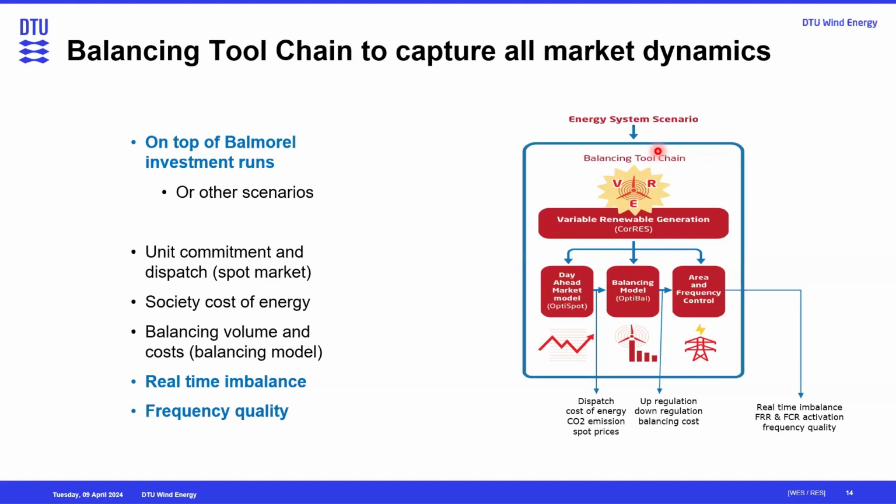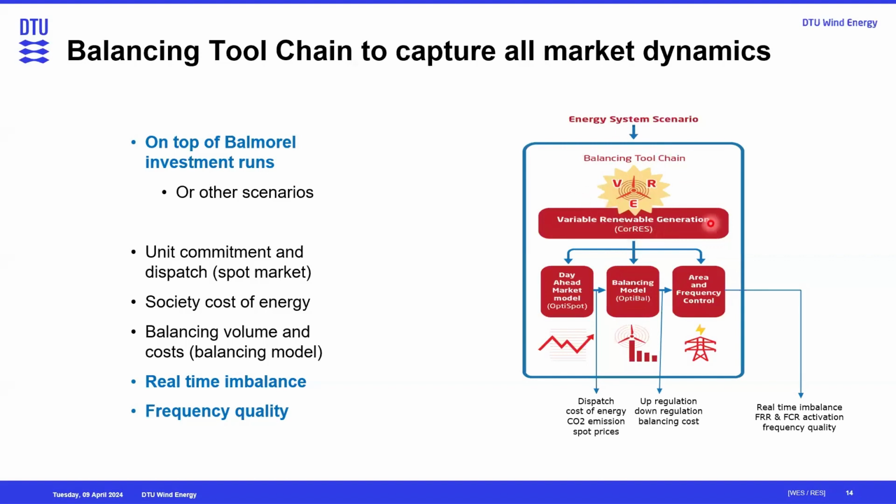And then we run the power flow to find out how much will be generated each hour. So the energy system scenario tells us how the scenario would look like in 2030, let's assume.